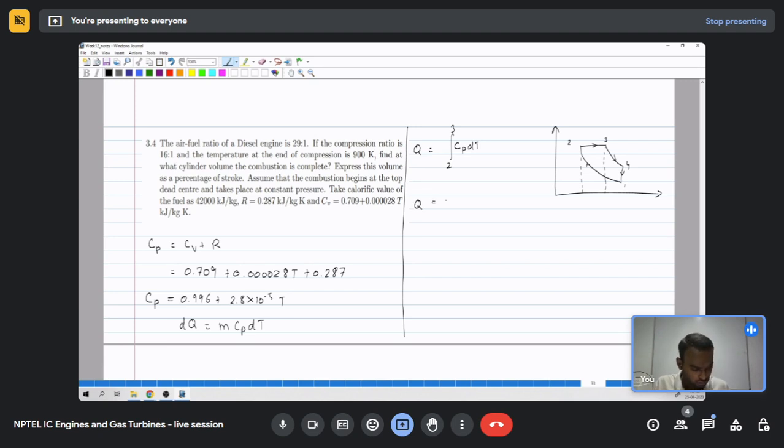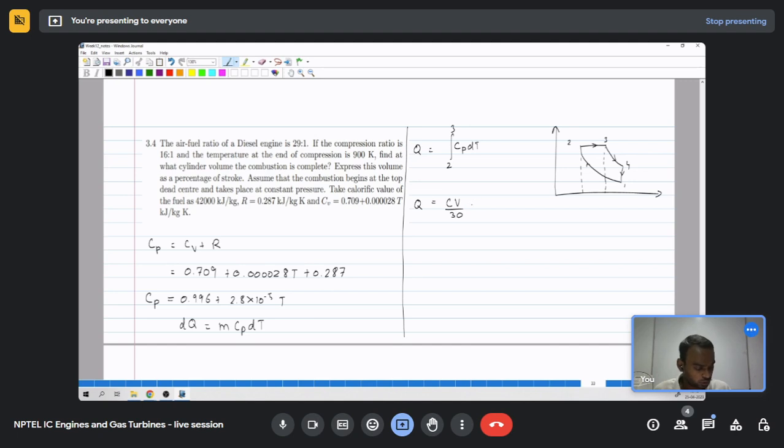So Q is equal to the calorific value by 30, because for 1 kg of air we will have around 1 by 30 kg of fuel going in.